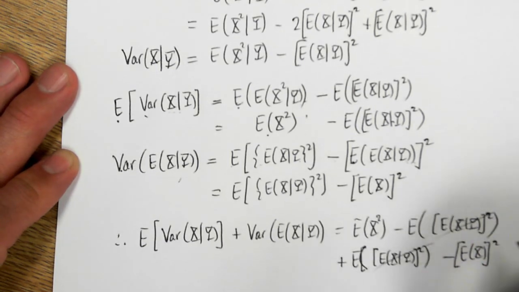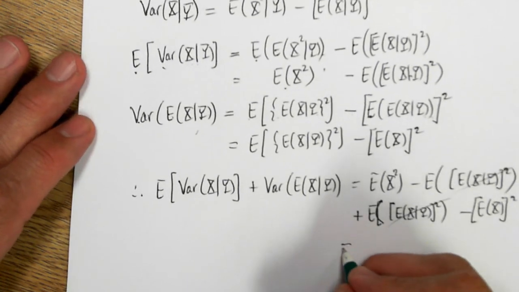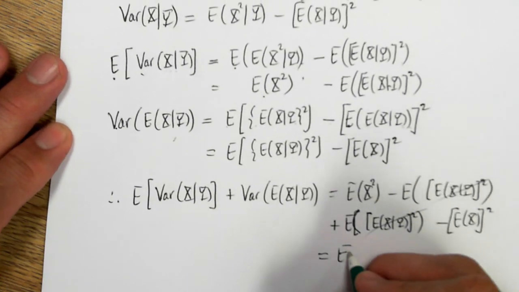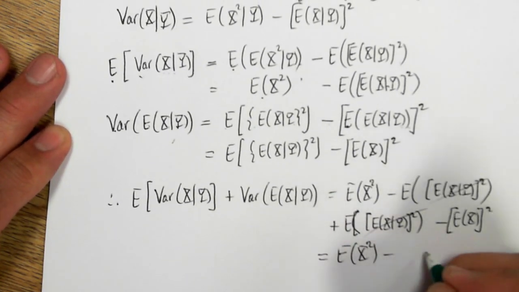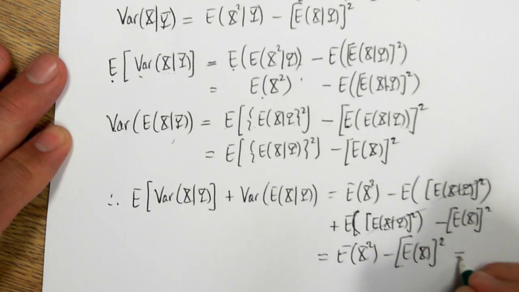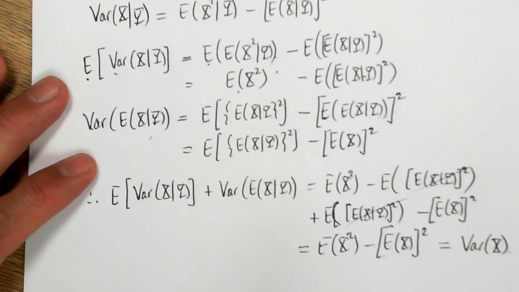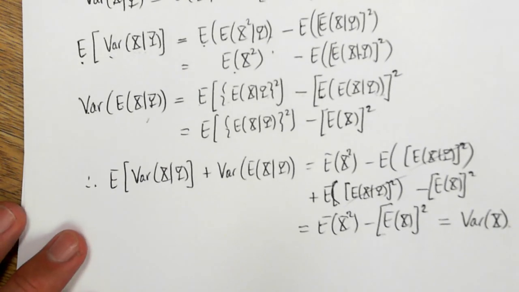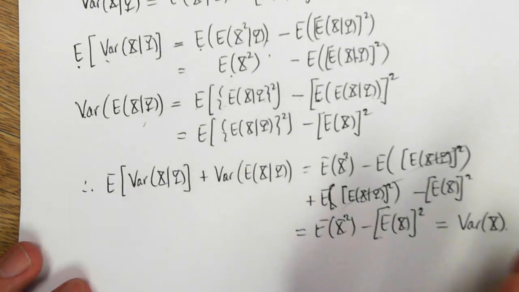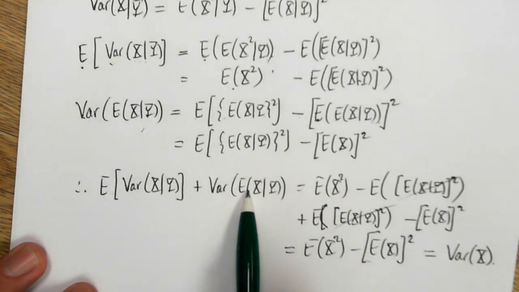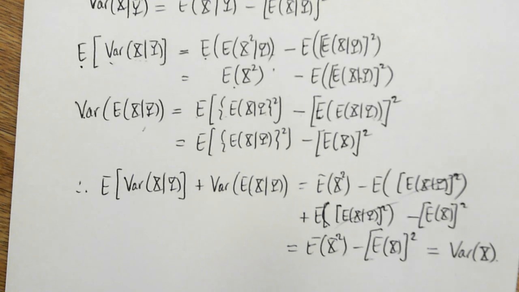And so these cancel, and I'm left with the expected value of X squared minus the expected value of X whole thing squared, which is our good friend, the variance of X. And so that is the proof that the expectation of the conditional variance plus the variance of the conditional expectation is equal to the variance.